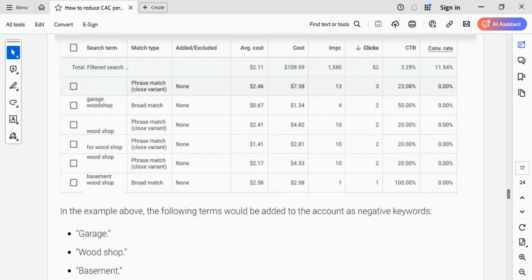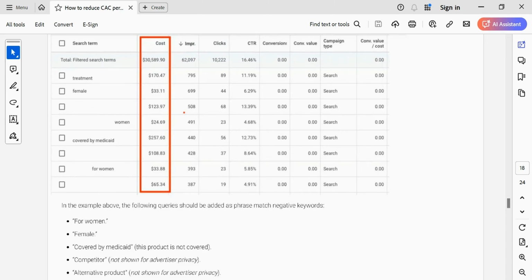Exact match negatives are just easy. You just click on it and exclude. The important thing is to find out such patterns which are throwing the algorithm off. The next is a business which gives treatment to men only, to males only, but here you see you get female, you get women, for women.